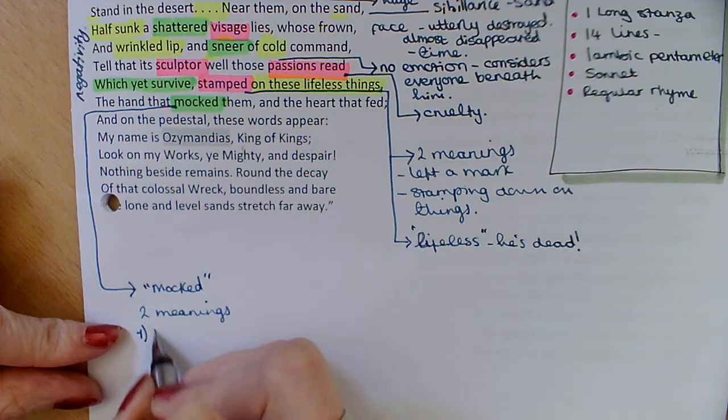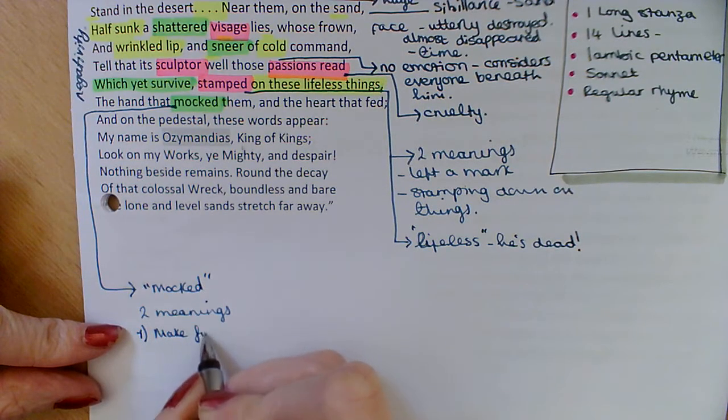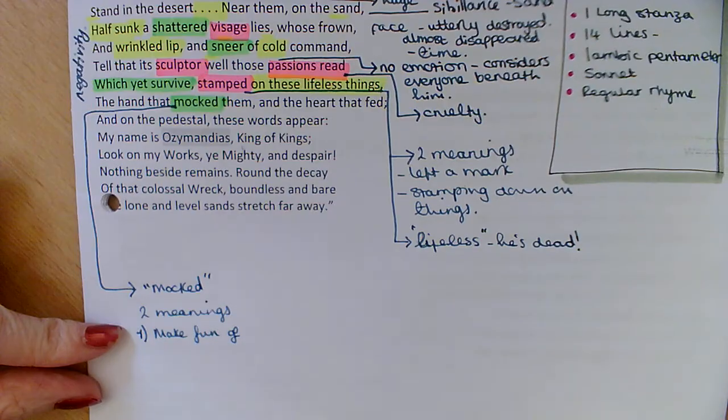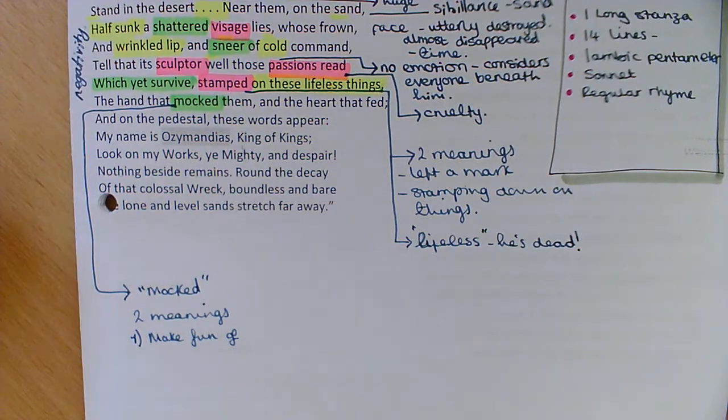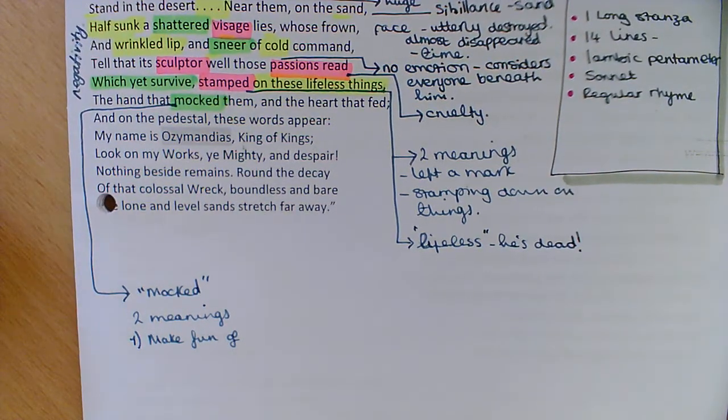One is make fun of. So, what's the hand that mocked his passions? Whose hand is that, do you reckon? If it's someone who's mocking, so taking the mickey out of him, making fun of him, okay, whose hand is going to be the one that's made this?